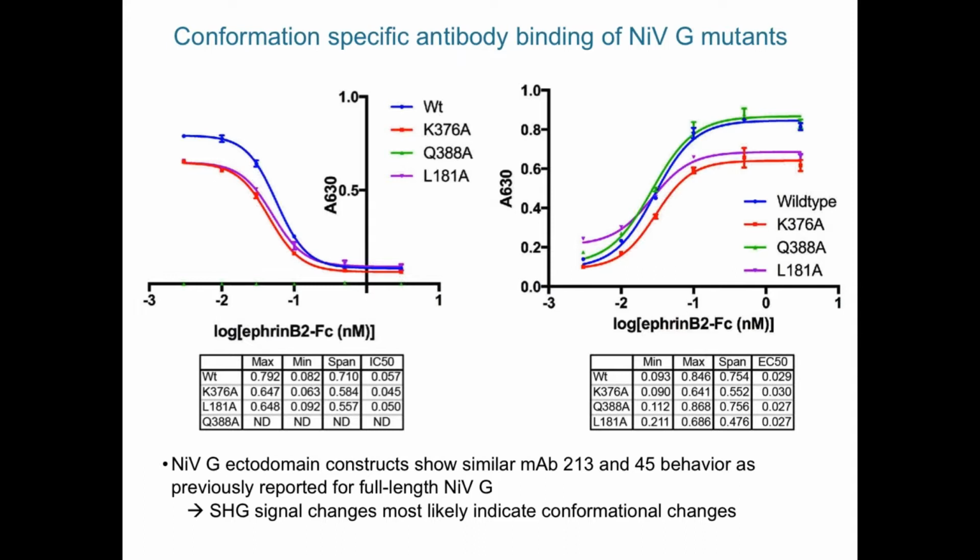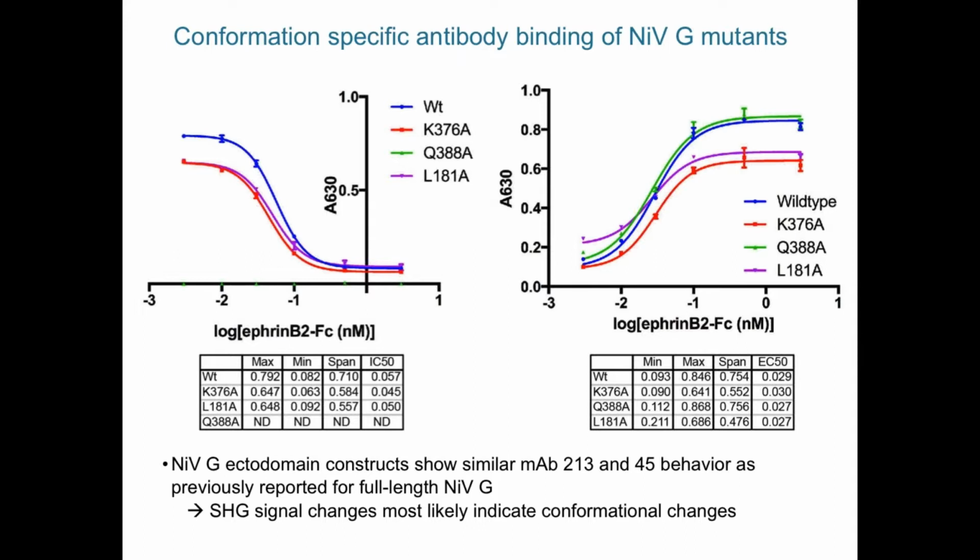The wild-type protein again undergoes a decrease in MAB213 binding and increase in MAB45 binding. Notably, L181A does show an elevated level of binding to MAB45 relative to wild type, even prior to FNB2FC addition.